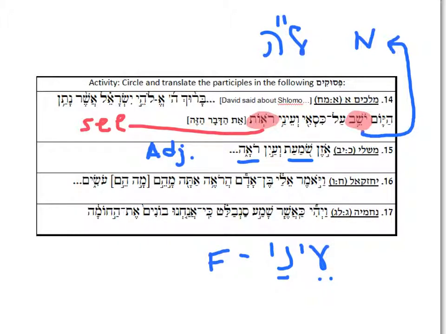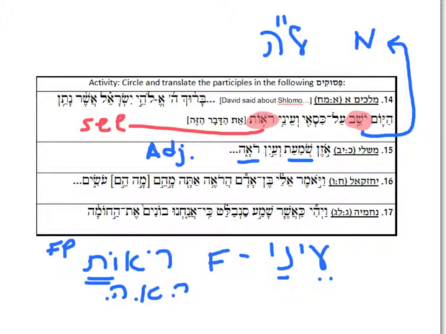Therefore it's going to be ro'ot. Now notice I have my ot suffix for feminine plural. Eyes are plural. And what happened to my hey of reish aleph hey? It got knocked out when I have my suffix. It's a lamed hey verb.